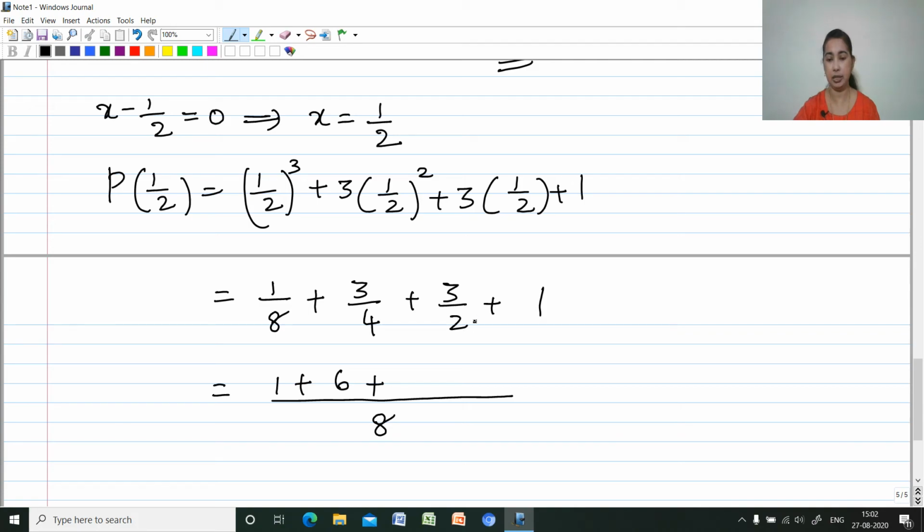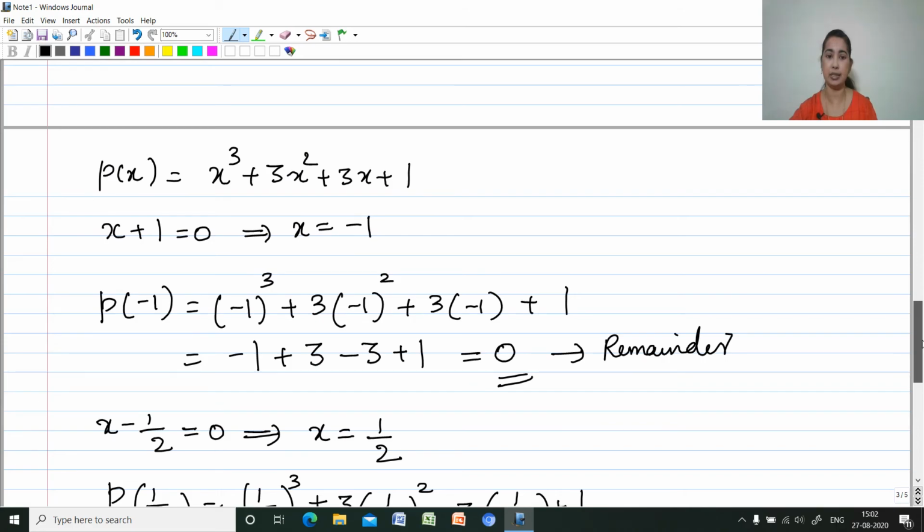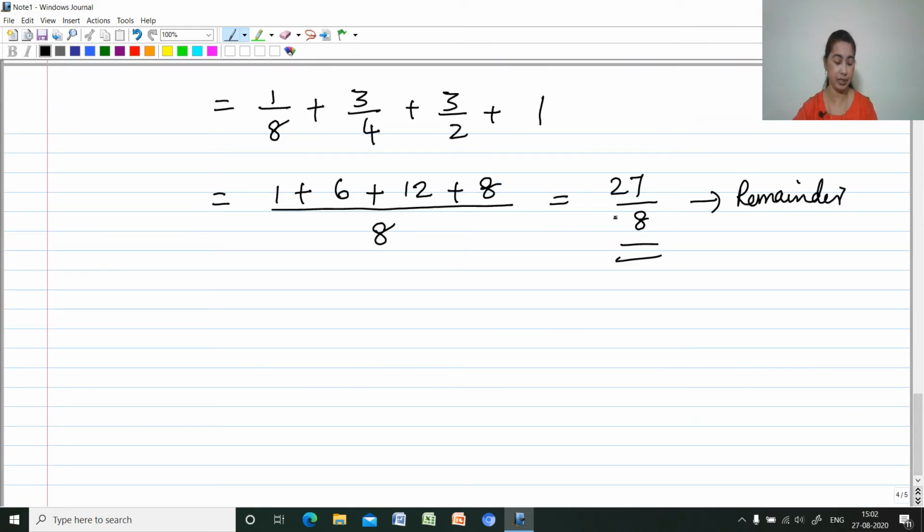Here I need to multiply by 4, so it is 12 plus 8. So that is 20, 26, 27 by 8. So this is the remainder obtained. So it is not exactly divisible, or x minus 1 by 2 is not a factor of x cube plus 3x square plus 3x plus 1. If it is a factor, then the remainder will be 0.